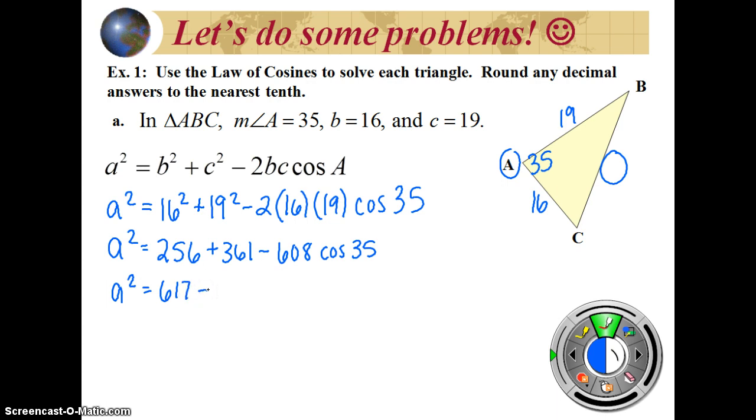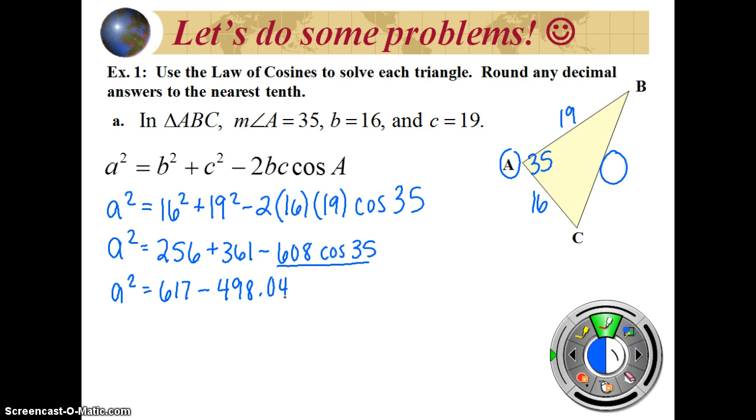And then we want to do 608 times the cosine of 35. All of this is one thing. And that's going to give us 498.04 whenever I round it.